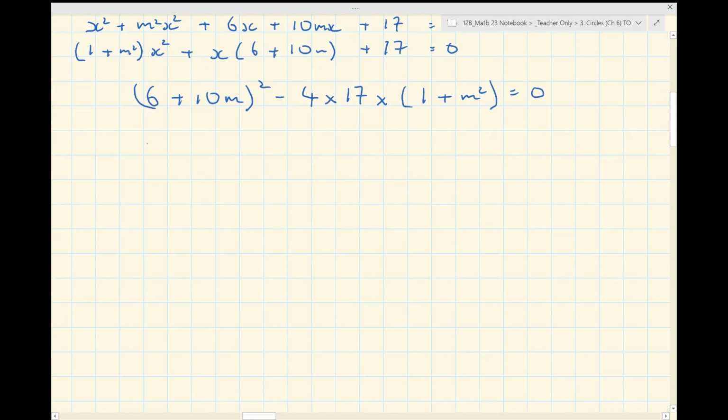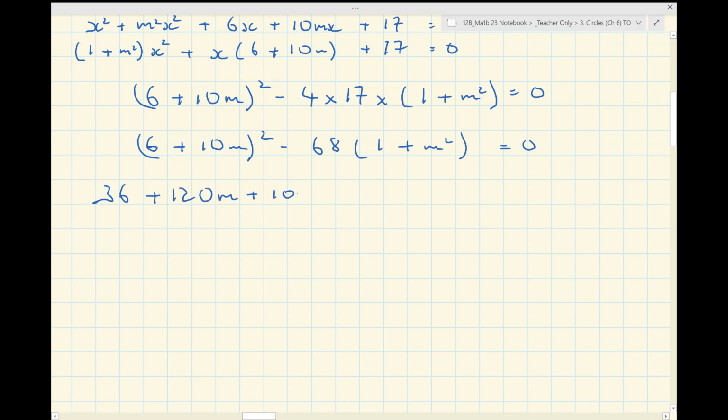So I'm going to simplify that now. So what I've got here is (6 plus 10m) squared minus 4 17s, that's 68, times (1 plus m squared), and that equals 0. Right, let's multiply out this bracket now. 36 plus 120m plus 100m squared minus 68 minus 68m squared equals 0.